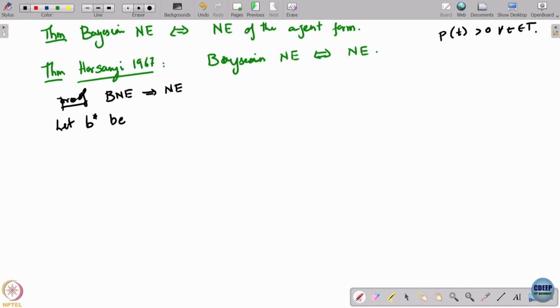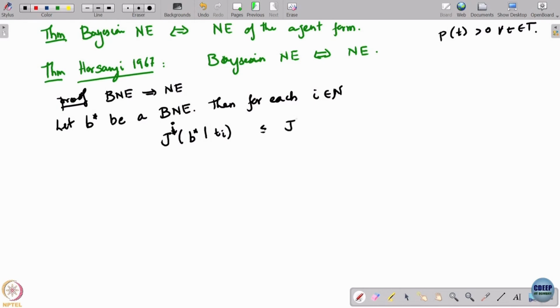Okay. Let B star be a Bayesian Nash equilibrium. Then for each i in N, assuming B star is a Bayesian Nash equilibrium, I have to look at this Ji of B star given Ti now, because I am conditioning on Ti.